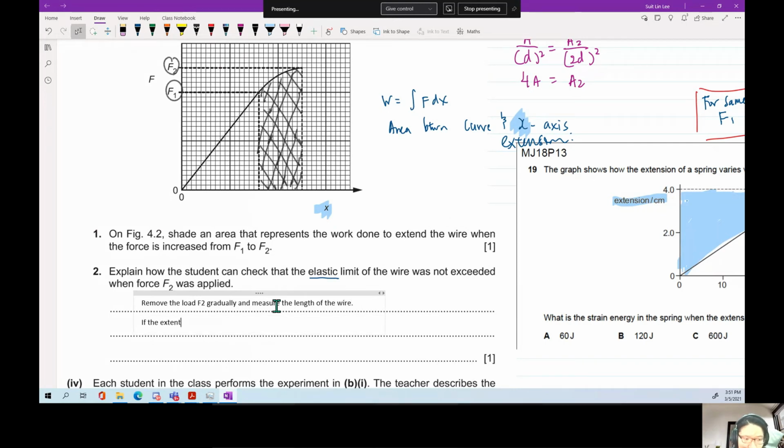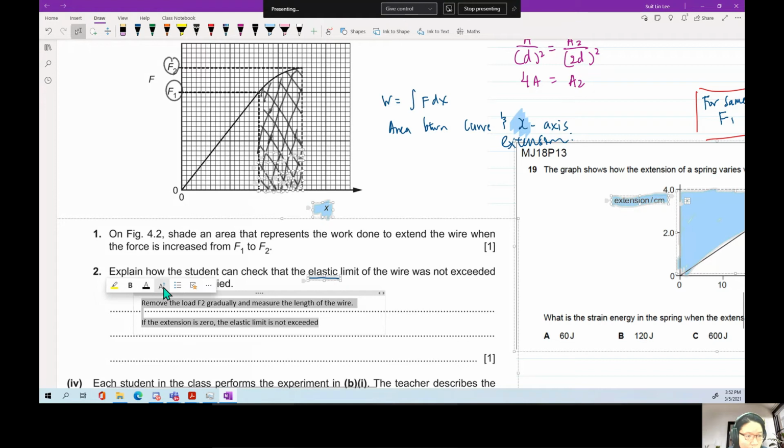If the extension is 0, this means that the elastic limit is not exceeded. Okay, that's it. That's all you need to know.